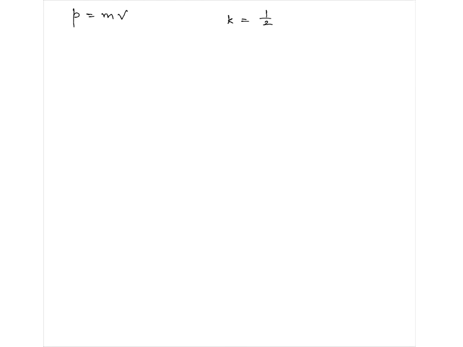So you would say K is half mv square, and therefore V is this, and therefore P is this, which is this.